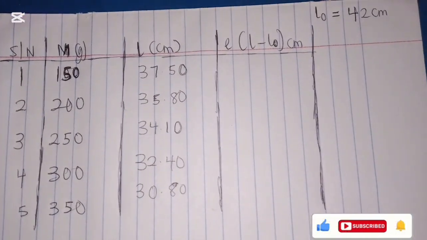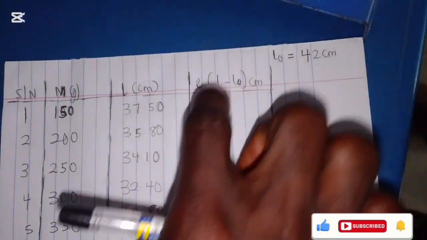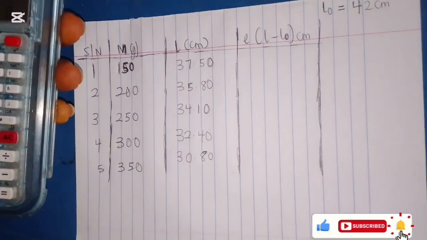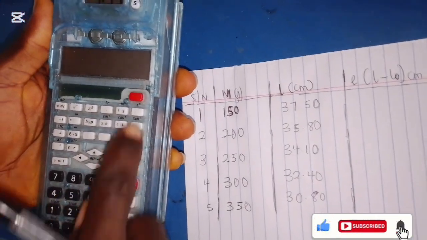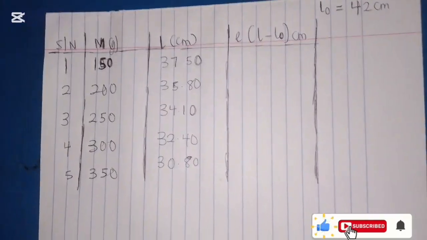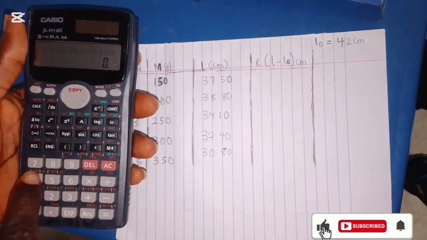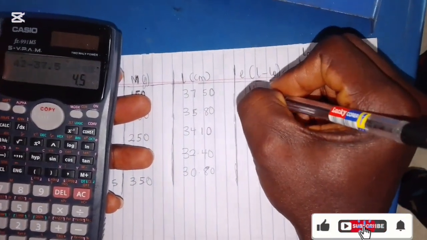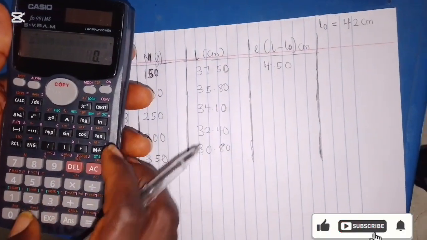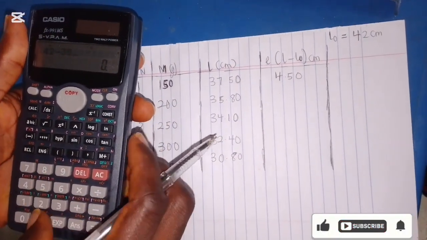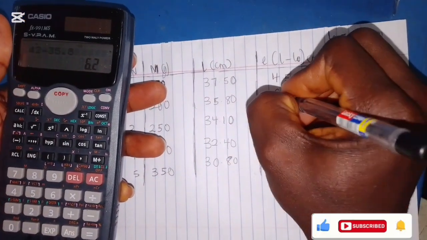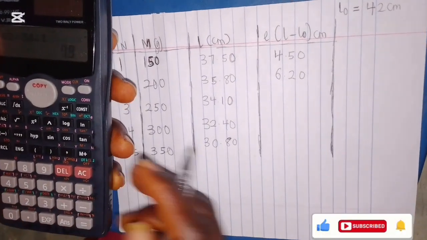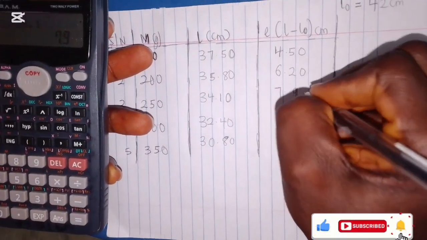The next thing is to use my calculator to subtract my increased length from my initial length to get my extension, which is E. That is 42 minus 37.5, we have 4.50. 42 minus 35.8, 6.20. 42 minus 34.1, 7.90.